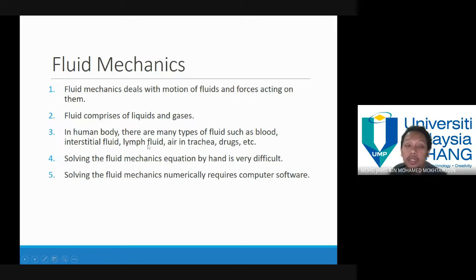So lymph fluid is a fluid that is related to your immunity system. Okay, I honestly forgot exactly what lymph fluid is, but in your body there are all the glands, like kelenjar yang dekat tepi leher ni, okay, and then kelenjar bawah armpit, under your ketiak.